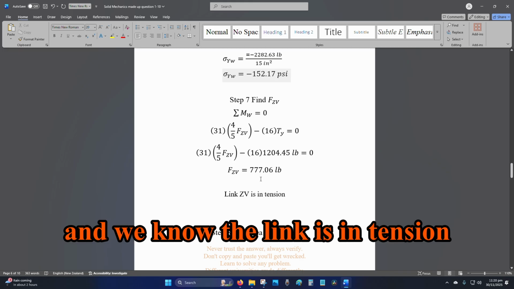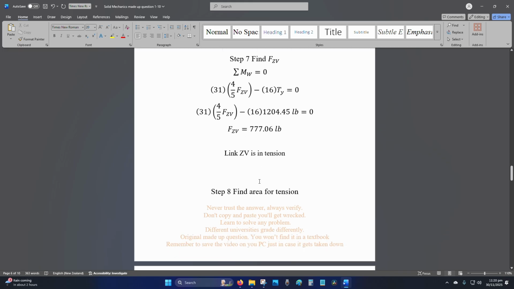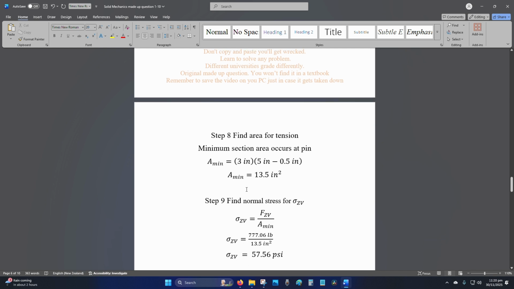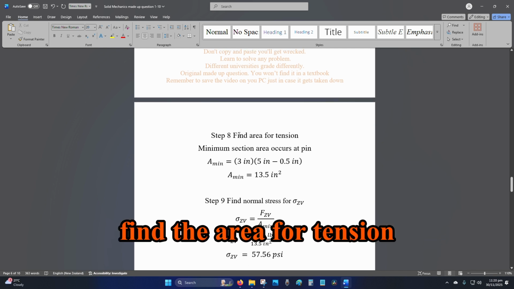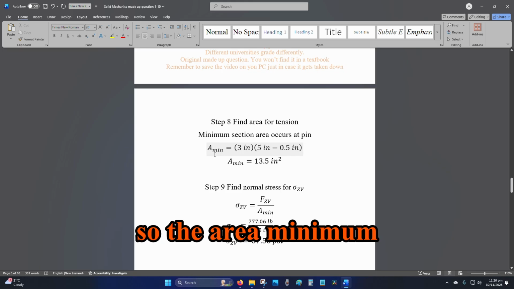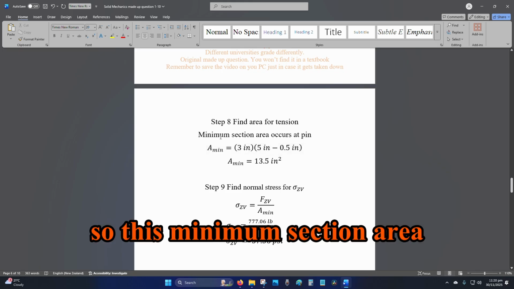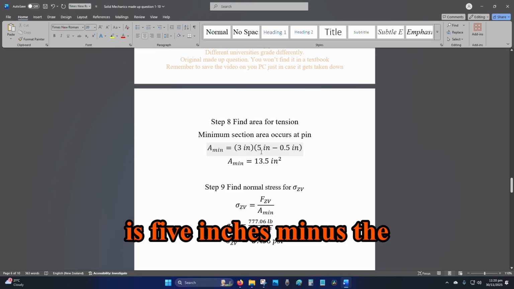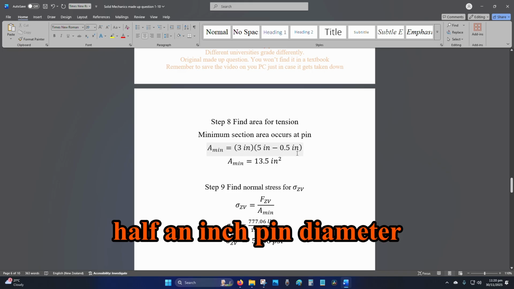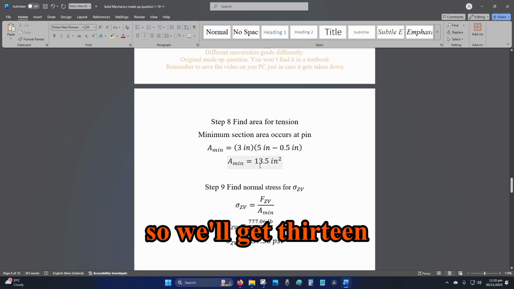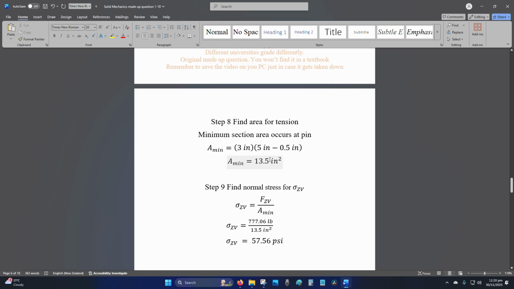And we know the link is in tension. Okay, so find the area for tension. So the area minimum, so this minimum section area is 5 inches minus the 1/2 inch pin diameter, and then the 3 inches remain the same. So we'll get 13.5 inch squared.